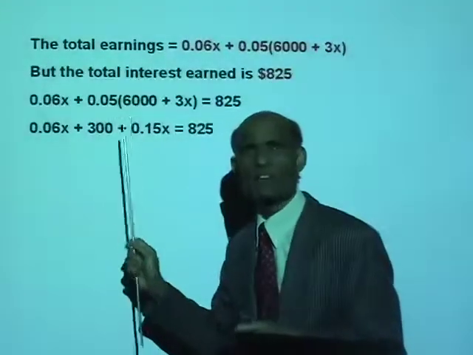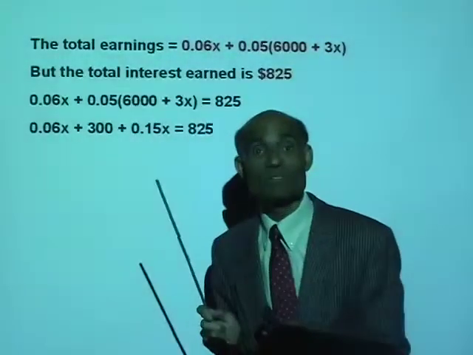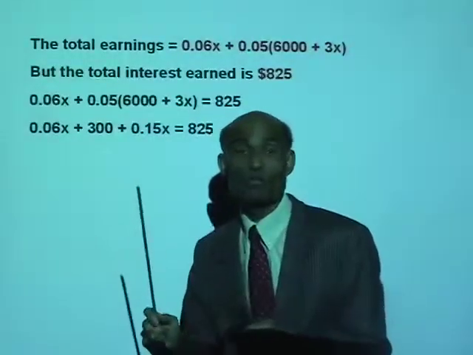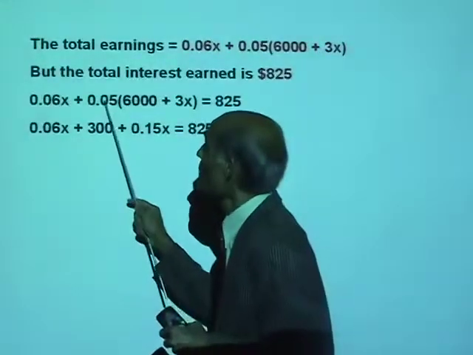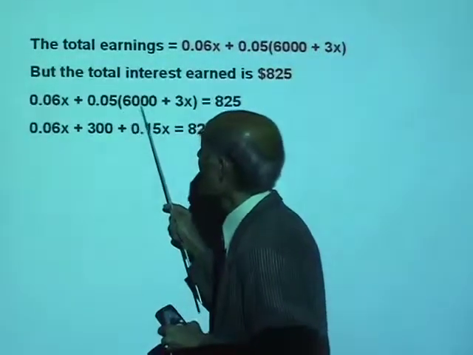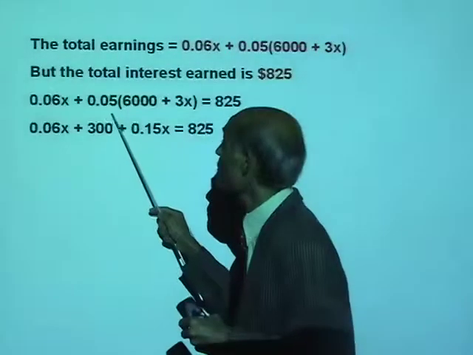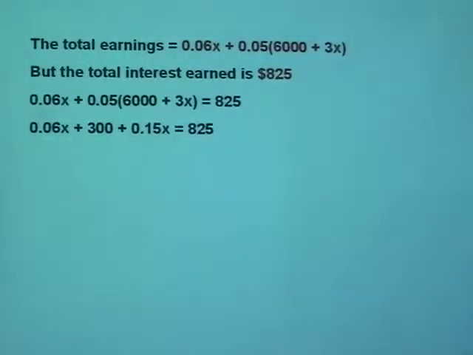Well, before that, you can actually distribute so that it becomes maybe a little simpler, although I would have preferred the other way around. Well, let's distribute. 0.05 multiplied by 6,000. Can you do that in your mind? Let's practice that one more time. 0.05 multiplied by 6,000.